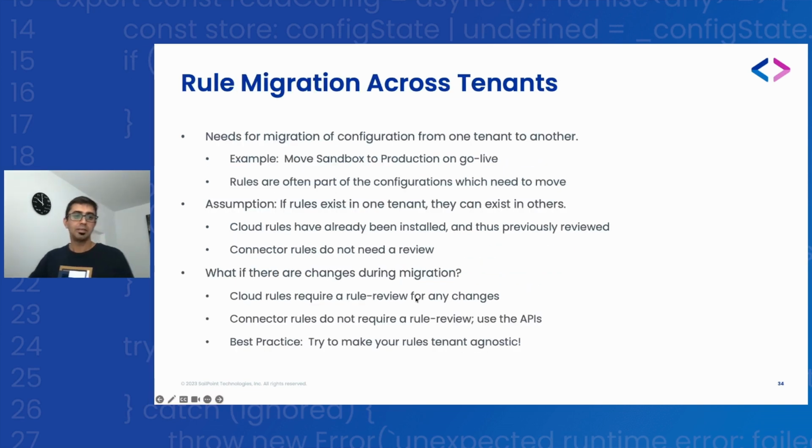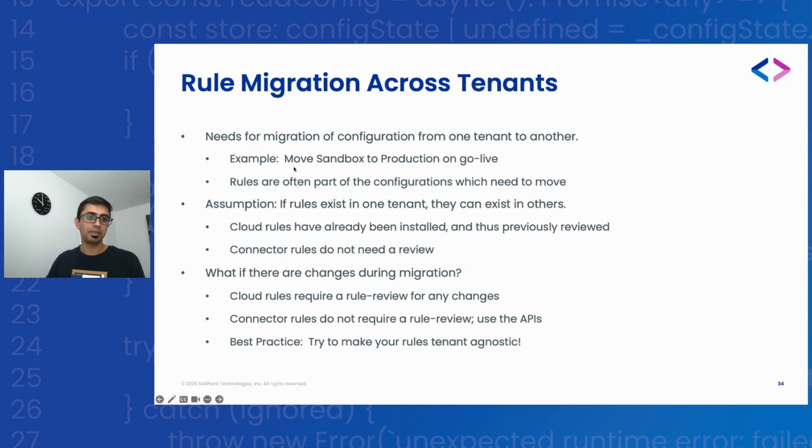Okay, so another important task is the rule migration across tenants. This is the third use case, and typically it's part of the migration from sandbox to production. During the go live, we need to migrate all the configuration from one tenant to another, and so we have APIs available to migrate the transforms and the sources from sandbox to prod.